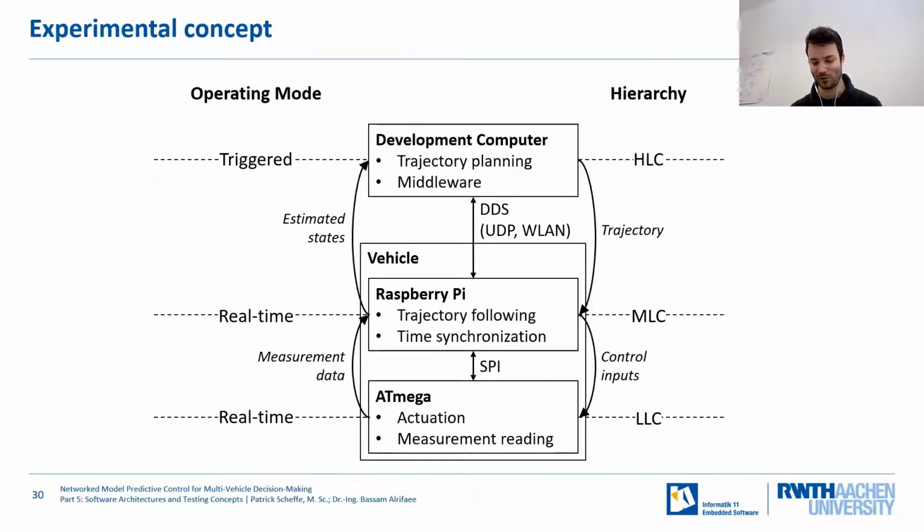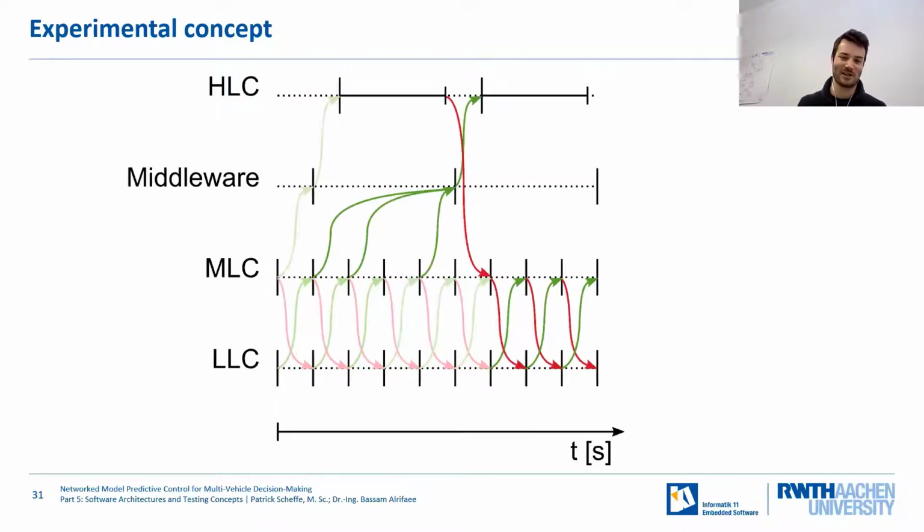So if we provide you with the framework and tell you whenever you need to compute something, it's really easy to test your algorithms. And this trigger is also what I was indicating at the beginning when I talked about why we need this middleware. One job of the middleware is to do the triggering of the high-level controller.